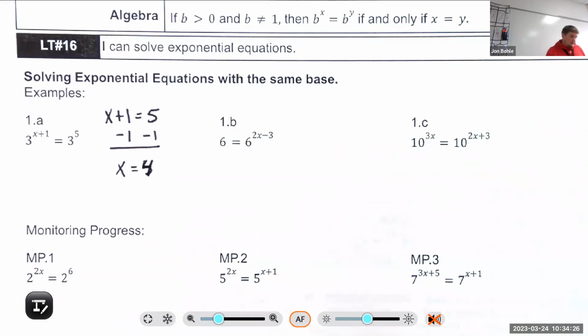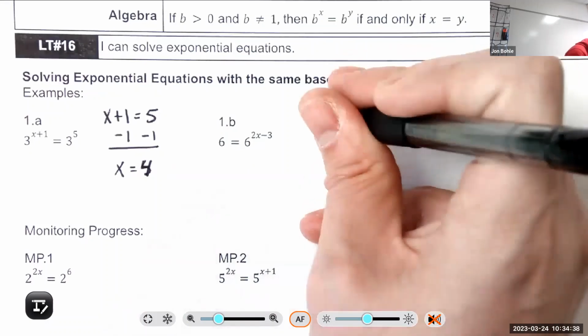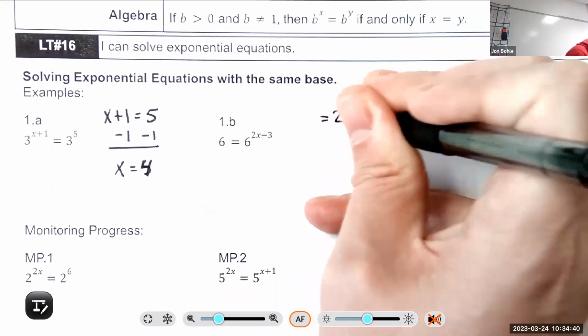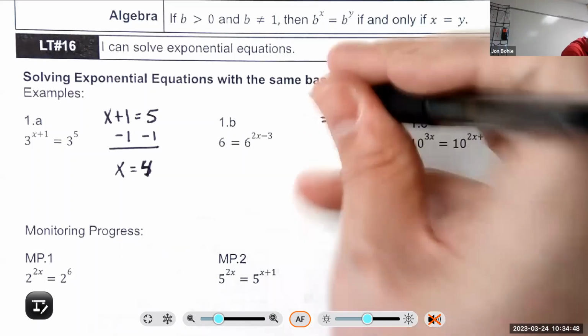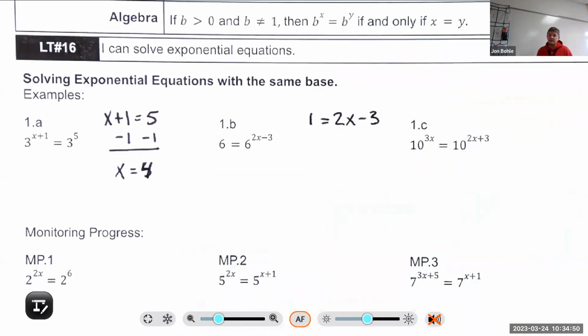1b. 6 is equal to 6 to the 2x minus 3 power. Are the bases the same? They are, so the exponents have to be the same. So I know 2x minus 3 is going to be equal to what? What exponent's there if there's no exponent? So this would be 1 is equal to 2x minus 3. Now I need to start solving for x.